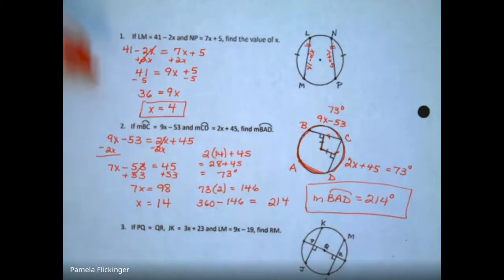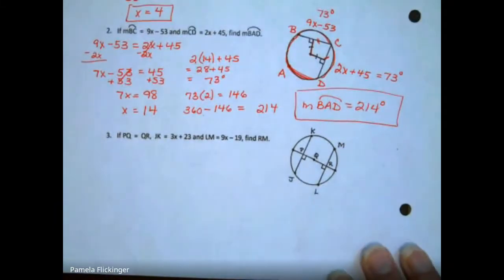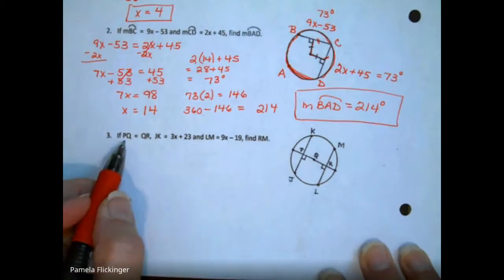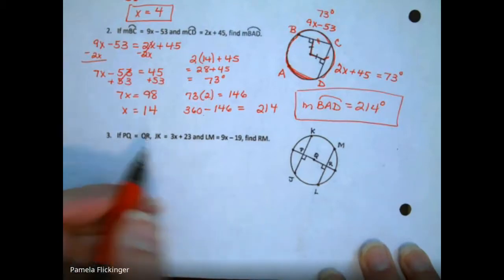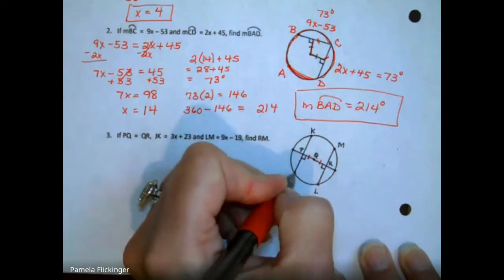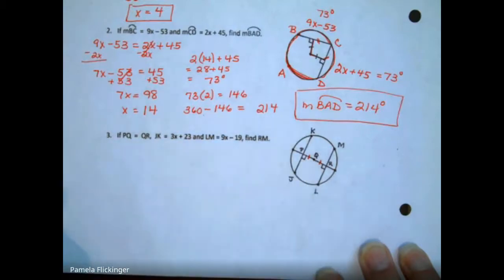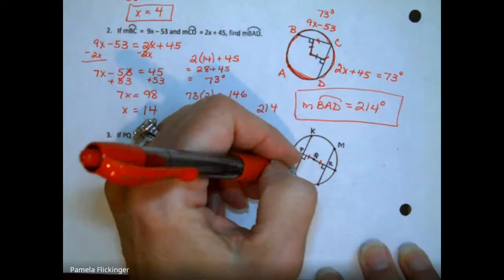All right, and the last example. This one looks like it's labeled properly. It says if the measure of segment PQ equals the measure of segment QR, basically they're saying that these two chords, KJ and ML, are the same distance or equal distance from the center. Then I know that those chords are congruent.